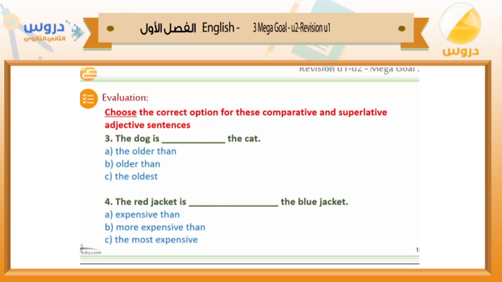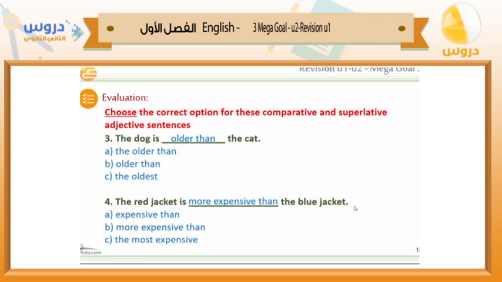Next. The dog is older than the oldest the cat. So we are comparing between two things. We say older than. The red jacket is more expensive than, the most expensive, the blue jacket. So what can you say here?